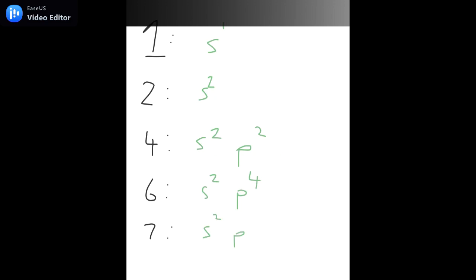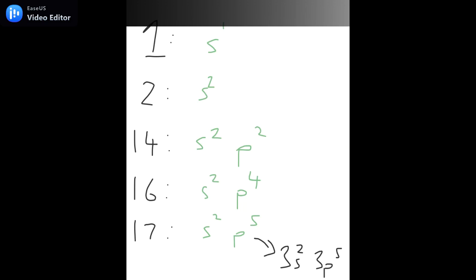Now, for example, if we had chlorine, which is in the third period and in group 17, we could directly write its valence configuration as 3s2 and 3p5.